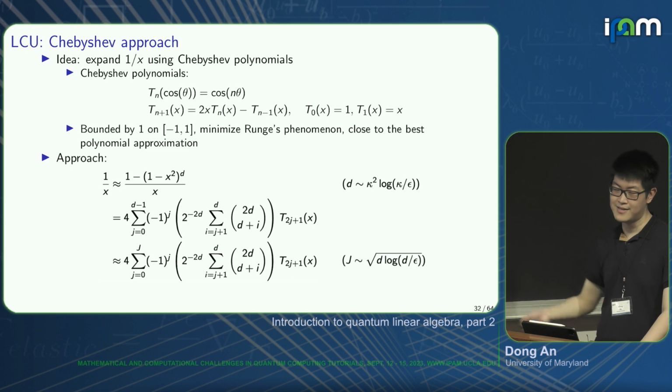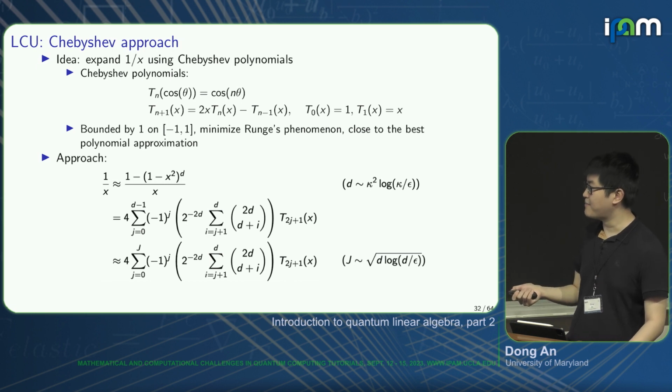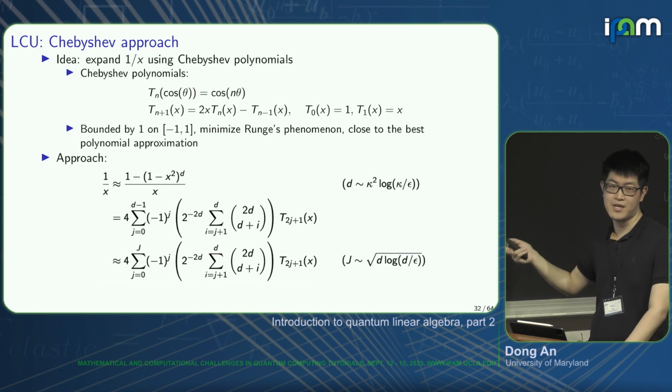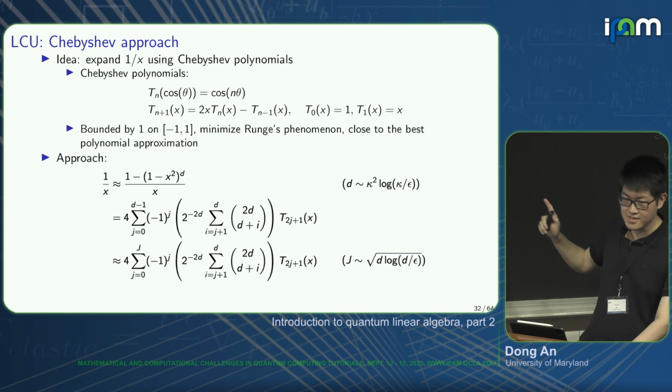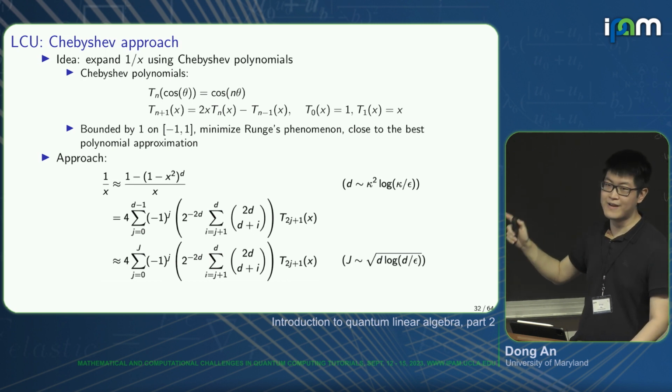You can analyze that rigorously. Then we get another polynomial, which is only up to some order capital J, and this J can be chosen to be something like the square root of d, which means that J is linear in the condition number. So this is another way of approximating my function 1 over x.